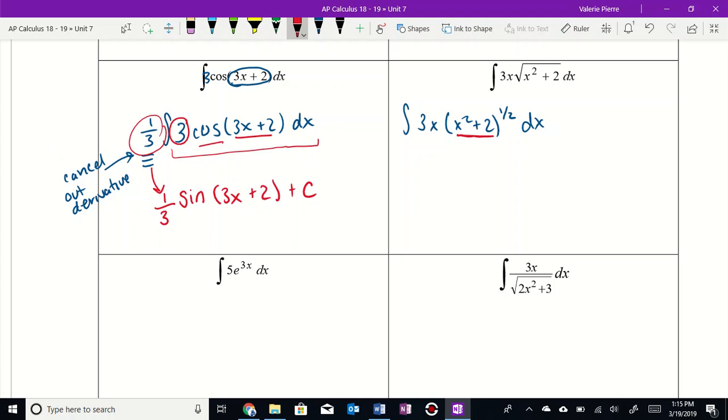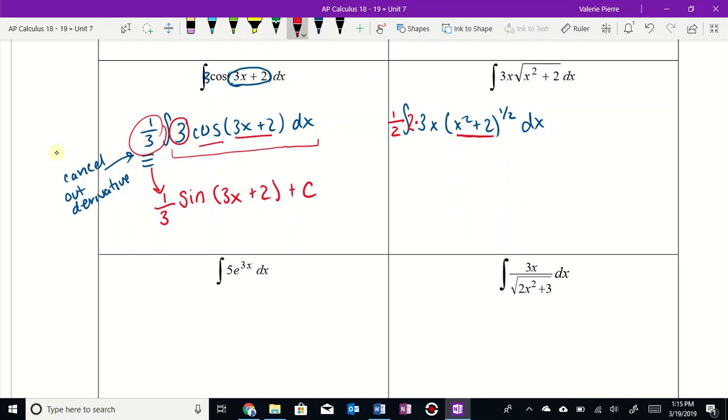The derivative of x squared plus 2 is 2x. We do not have a 2x here, but we do have an x. So a constant that we can multiply this by is 2. And in order to make sure we cancel that out, we have to also multiply by its reciprocal, 1/2.